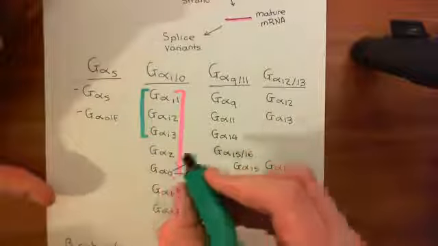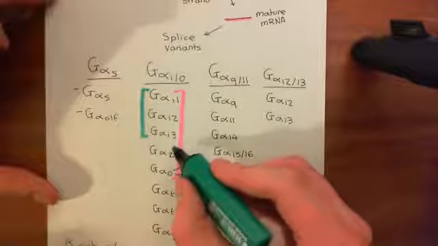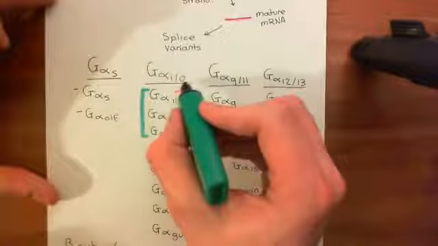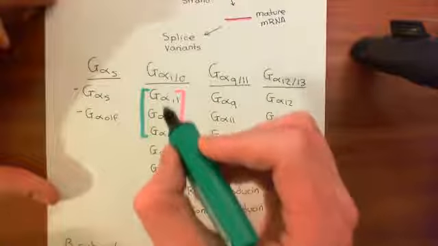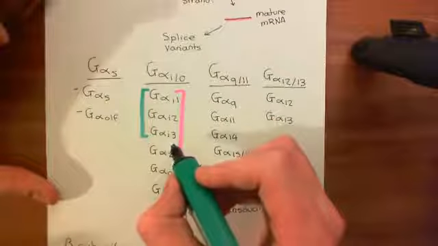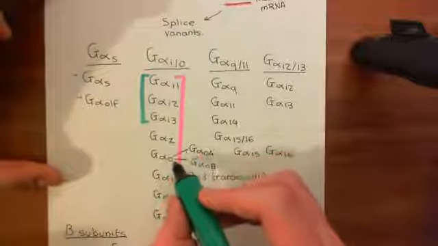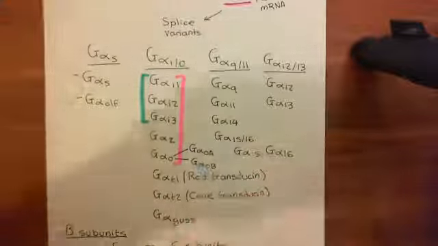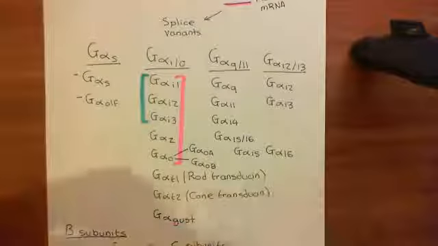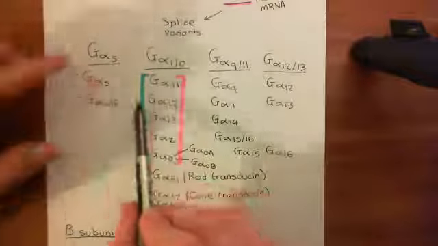Potentially you could also have other members of this G alpha i/o family being activated by the opioid receptors, such as G alpha z, G alpha o, and potentially other ones as well. But most definitely these 3.